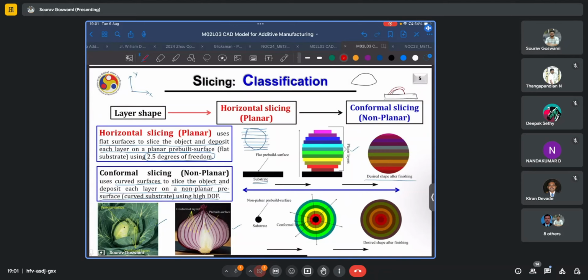So layer 1, layer 2, layer 3, and this is in 3D space. So you'll end up with a hemisphere which will be deposited. And now, based on the type of core that you used, it may be easily removable later or it may be hollow, and you will end up with the desired geometry.